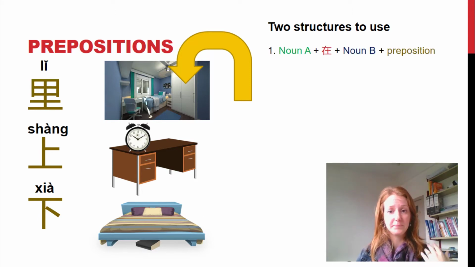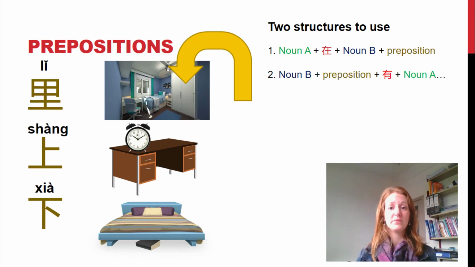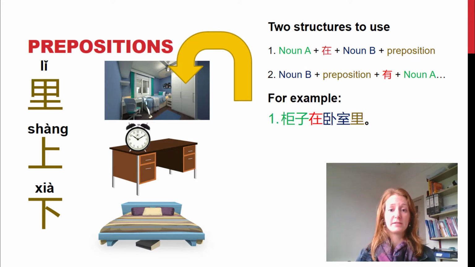So the first one is noun A plus 在 plus noun B plus preposition. The second one, noun B plus preposition plus 有 plus noun A. Now that sounds very confusing. What does it look like? For example, the first noun, 柜子, our wardrobe, 在, in, on or at, 卧室, bedroom, 里, inside.